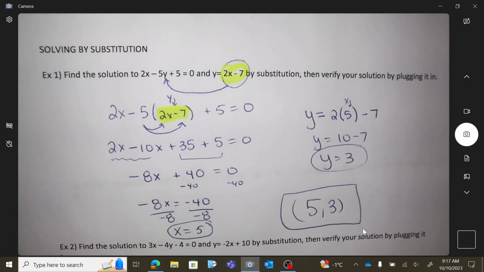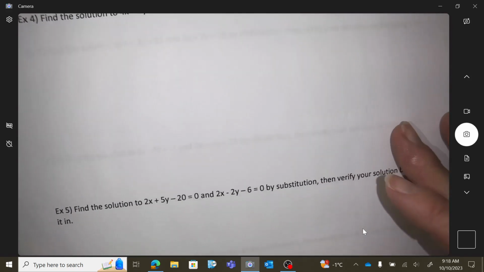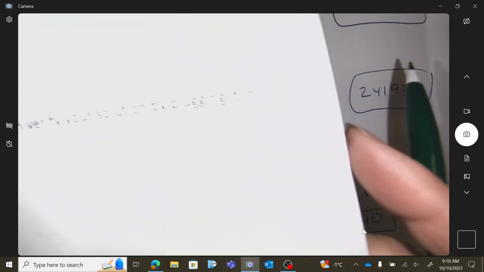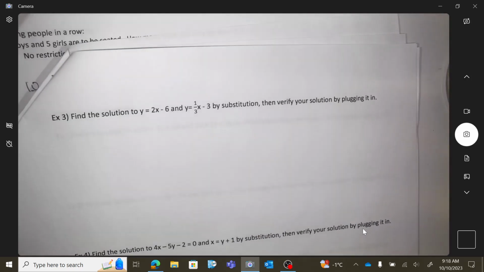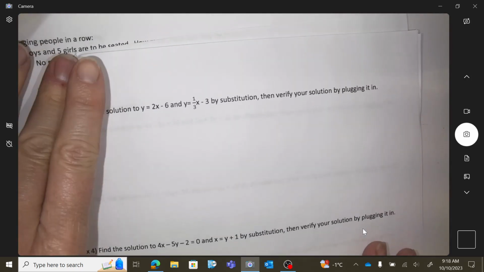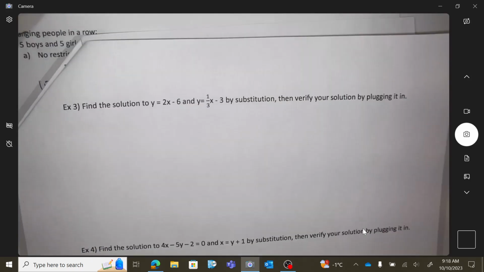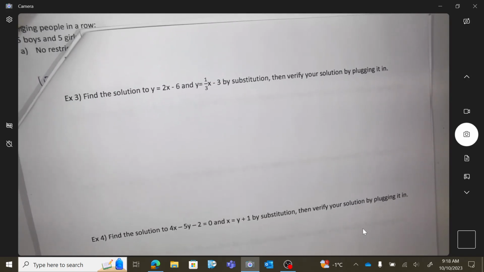Okay, I think I'm going to skip number 2 today. It looks like the exact same, so I'm going to try to jump to number 3. Okay, so on number 3, here we go.